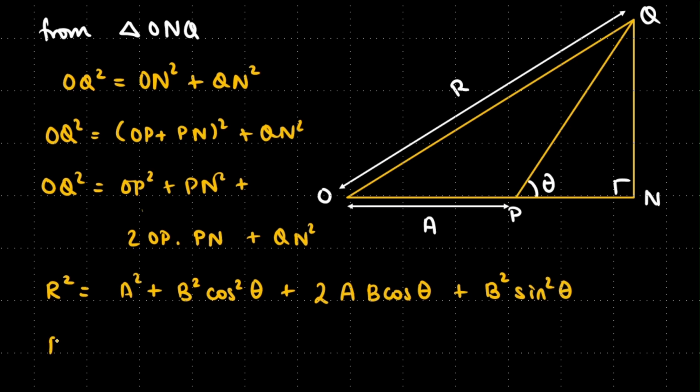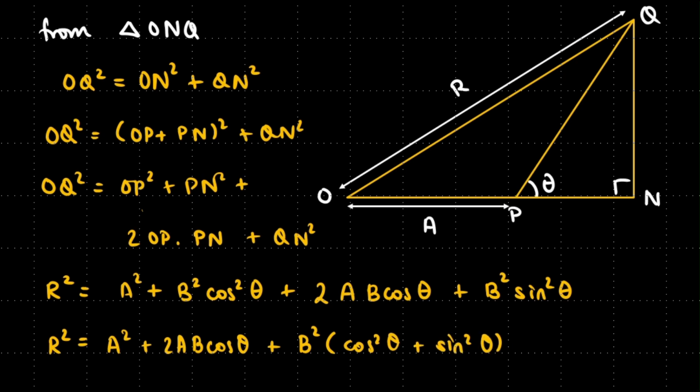Now you can take R squared and it will be A squared plus 2AB cos theta, and you can take B squared common and have cos squared theta plus sine squared theta, and this will just be equal to 1. So this is a proof that you will find, and this is a pretty common thing that most students will know. This is 1, which means we get R squared equals A squared plus B squared plus 2AB cos theta.